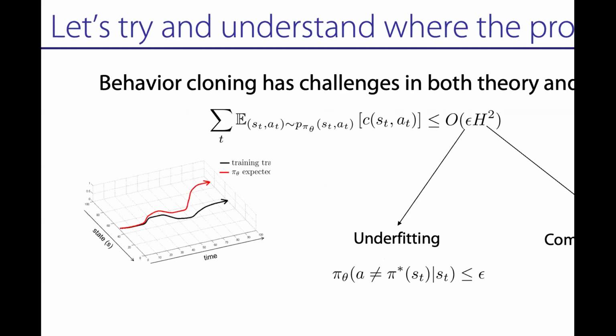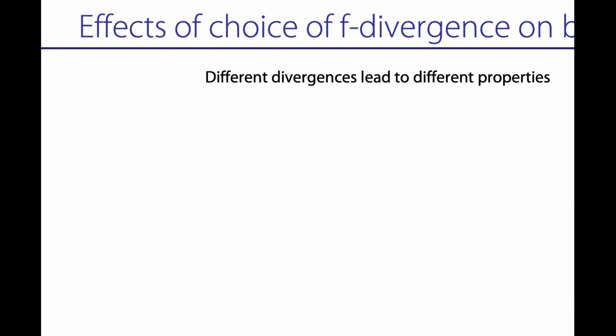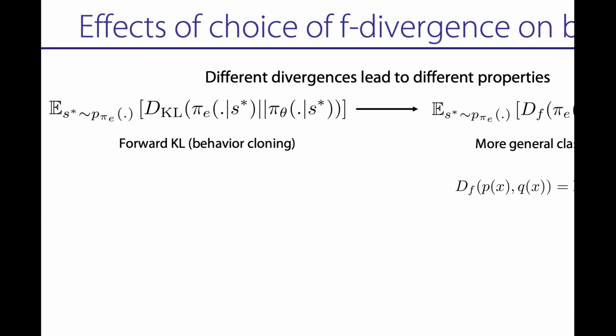So we said there were 2 issues, underfitting and compounding error. We said that the complexity goes with epsilon H squared, right? And so we said that your 2 issues might be the epsilon and the H squared. The first thing we're going to do is try and drop the epsilon. The second thing we're going to try is drop the H squared. We started with the epsilon, and we said that if you have underfitting, the first thing that happens is it's because it's a forward KL divergence, right?